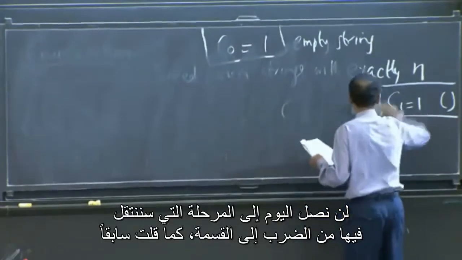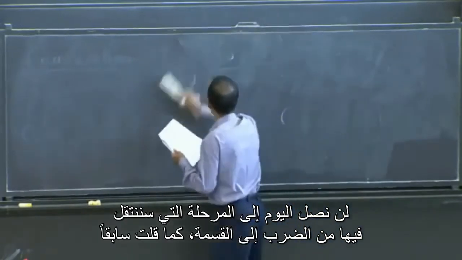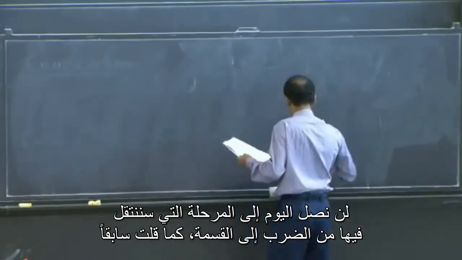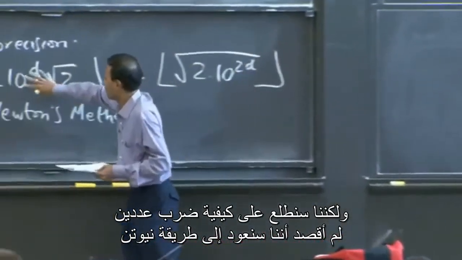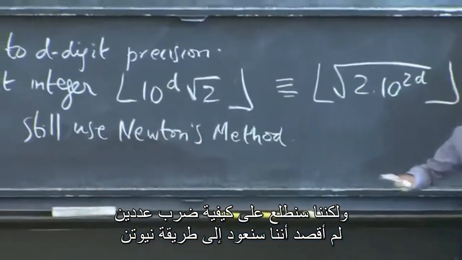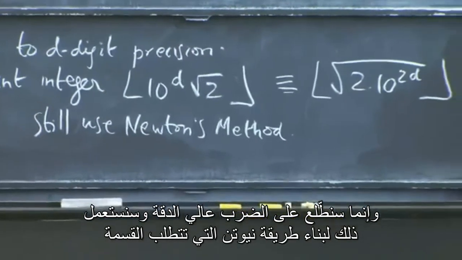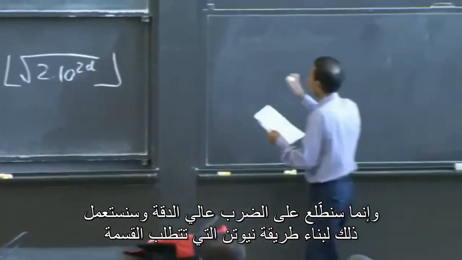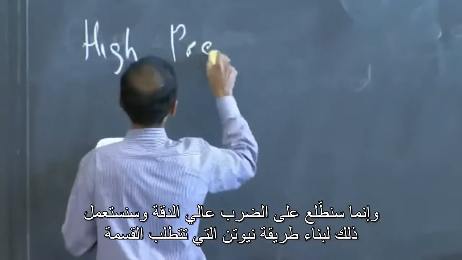And we won't really get to the part where we go from division to multiplication today, as I said. We're just going to look at how you can multiply two numbers. So I didn't mean to say that we're going to look at Newton's method. We're going to look at high precision multiplication, and then eventually we're going to use that to build Newton's method, which requires the division.